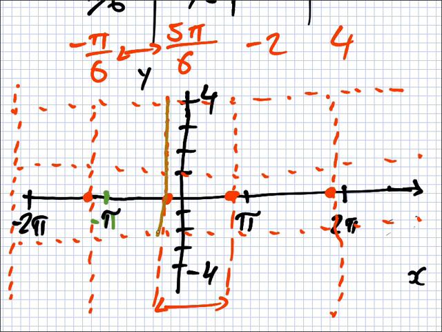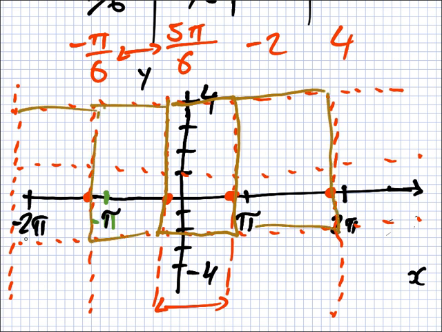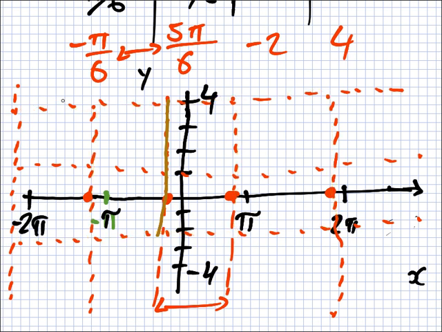Minus pi over 6 to 5 pi over 6. That's one box. And then this is the next box. And this is the next one. And this is the next one. What am I missing in these boxes? I haven't done the vertical line to split it into 4 yet. So that would be like, I put in brown, here, here, here, and here. Okay, time to make the graph. Cos starts at the top, doesn't it?